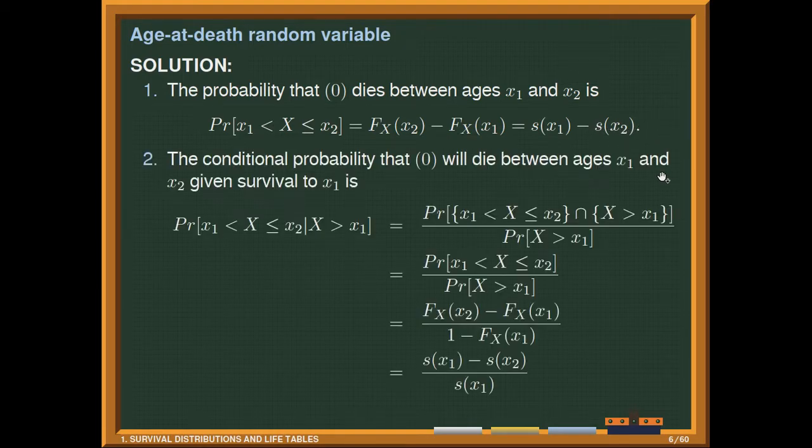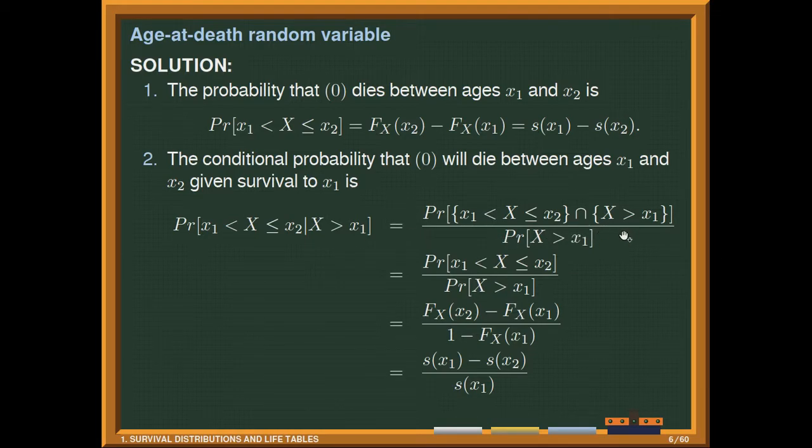Okay, the second statement is a conditional probability, so we would have to use this representation for that probability statement. It's the probability that a newborn dies between ages x1 and x2 given that he survives to age x1. So given capital X is greater than x1.